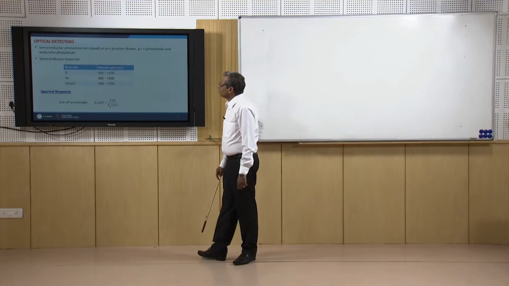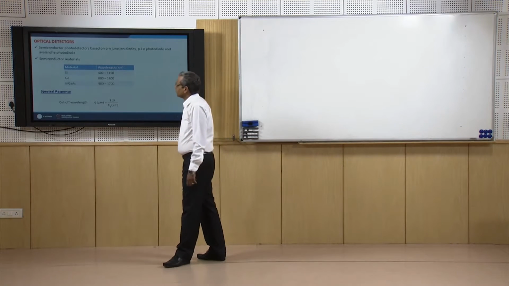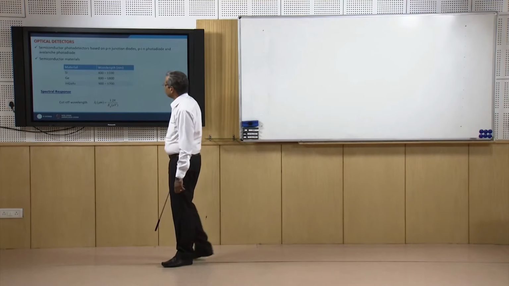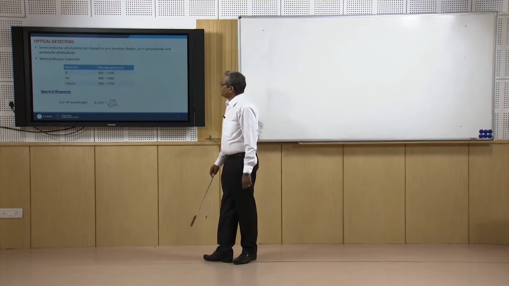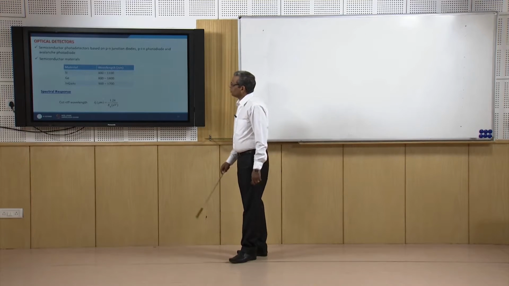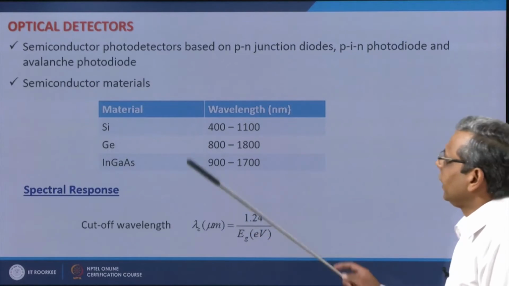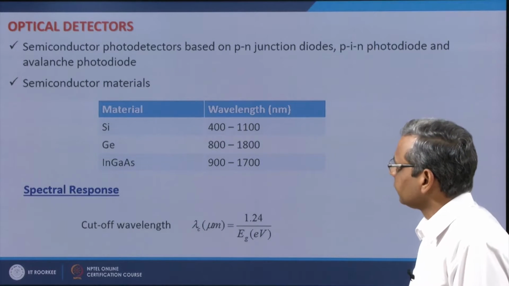Now, I come to the receiver end. At the receiver end, we have semiconductor material based photodetectors, and these detectors are based on PN junction diodes, pin photodiodes or avalanche photodiodes APD.